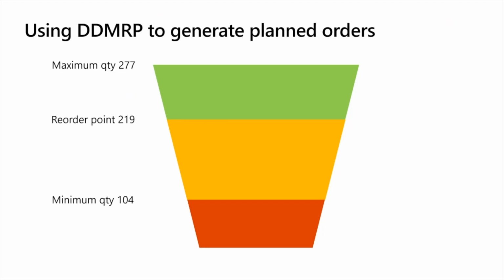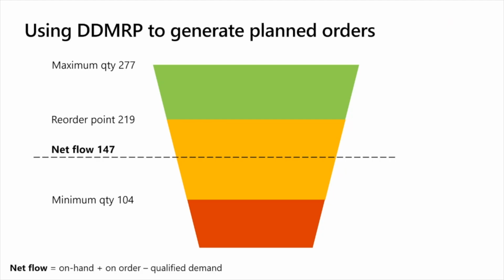With DDMRP, the trigger for a new planned order occurs when the net flow is below the reorder point level for that decoupling point when you run master planning. As Beatriz mentioned, when you use DDMRP, we expect that planning is run on a daily basis. So you're essentially checking your inventory levels once a day to determine whether it needs to be replenished.